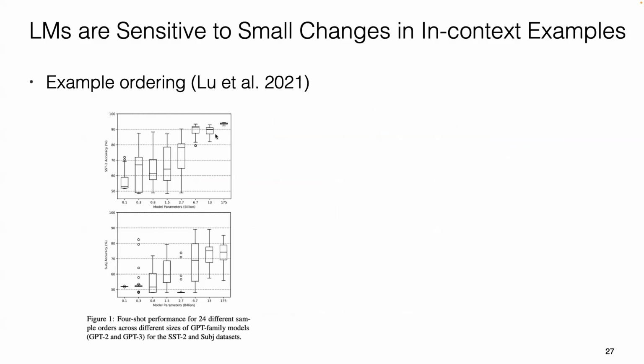It looks like for this task, this largest model didn't have much variation, but on this task, it did. And even in the paper that I just mentioned, which was from just a couple months ago, they show the same thing, that this really recent model has varied performance based on the order of the examples.